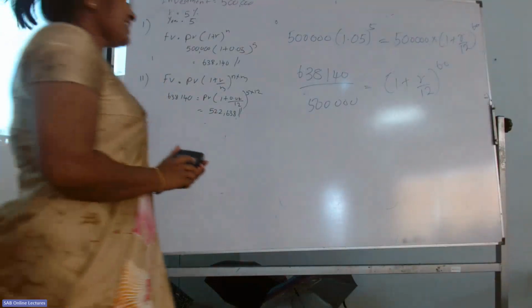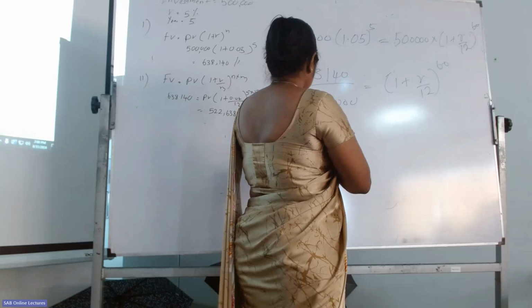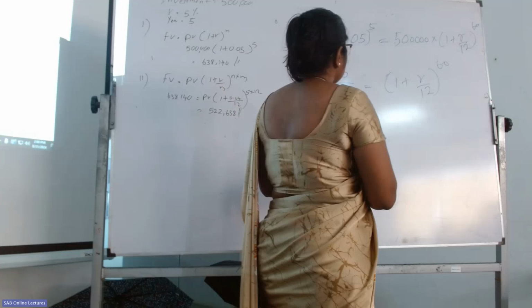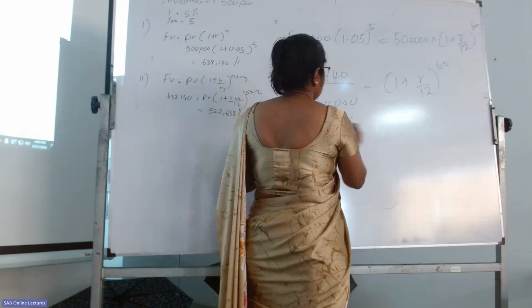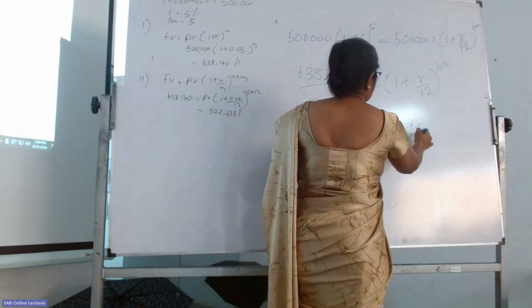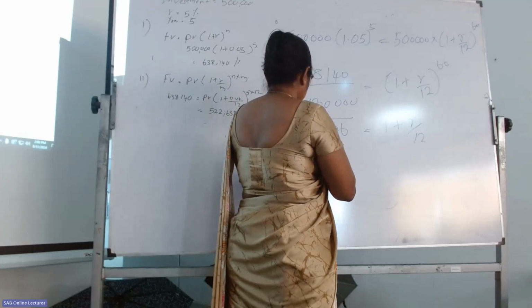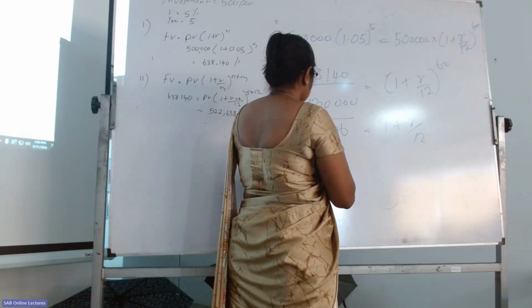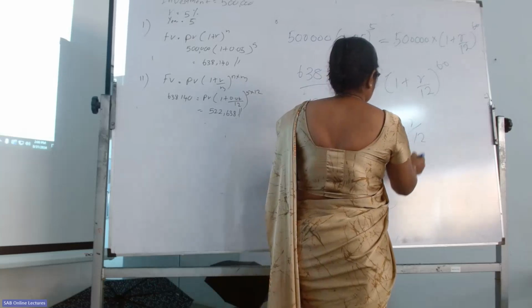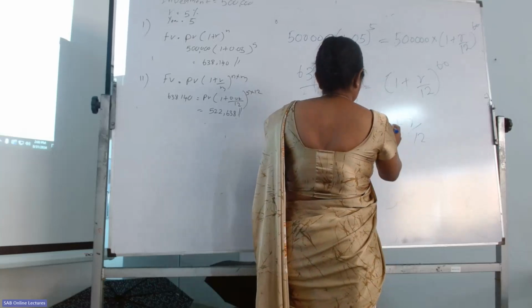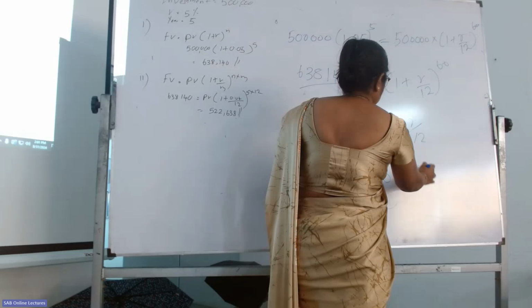So you can divide this: 638,140 divided by 500,000 is 1.276. The 60th root of 1.276 is equal to 1 plus R divided by 12. That gives 0.0407, R divided by 12.